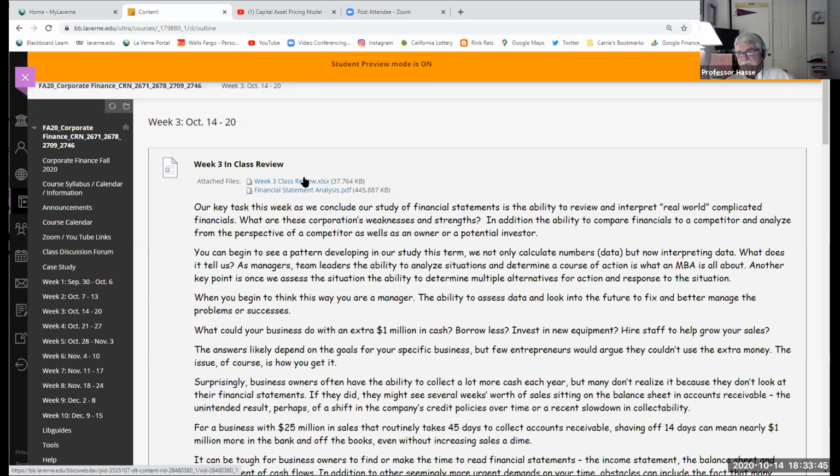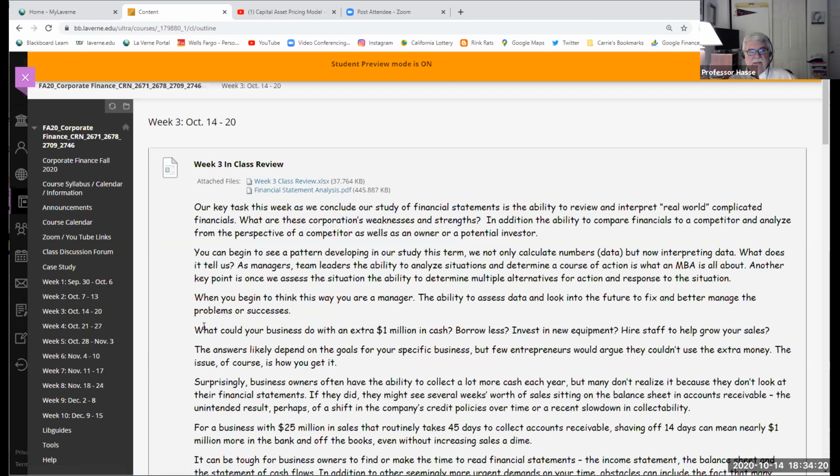We're not accountants, we're financial managers. Then a little financial statement analysis interpretation, which will come in handy in your case number 1 work, taking a page out of your textbook. I already told you the textbooks are optional for this class, but I made a little PDF picture of a page in your textbook, and that's going to be very handy for many of you in the upcoming week. So we'll take a look at those 2 files in just a minute.